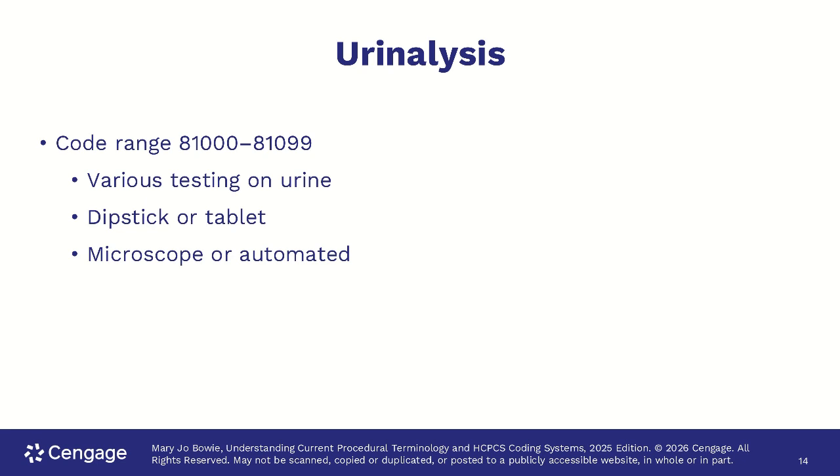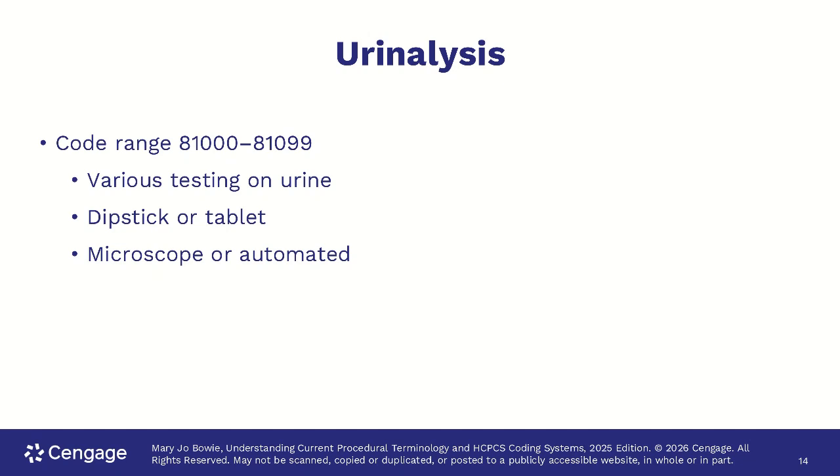All right. Next up, we have urinalysis. And this particular subsection contains codes for various tests on the urine. In order to code this service properly, you need to know how the test was run. One of the, I would say, frequent tests in this area is a dipstick or a tablet.